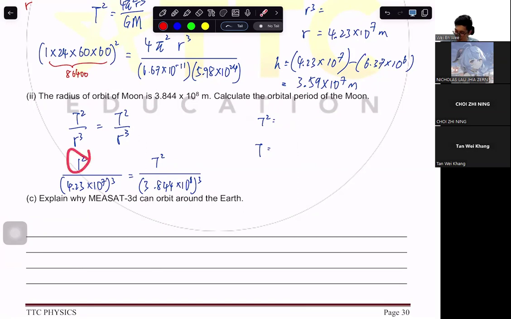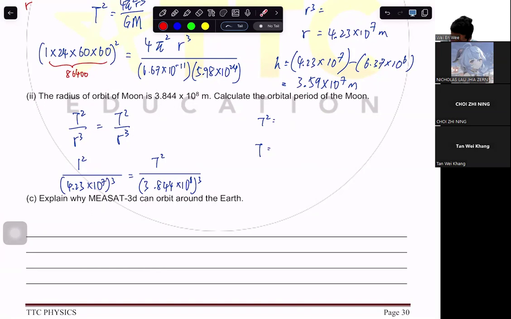I just use 1 day, so the answer should be in days also. By general knowledge, the Moon is supposed to orbit around 27, 28 days. Technically, unless the numbers are wrong.